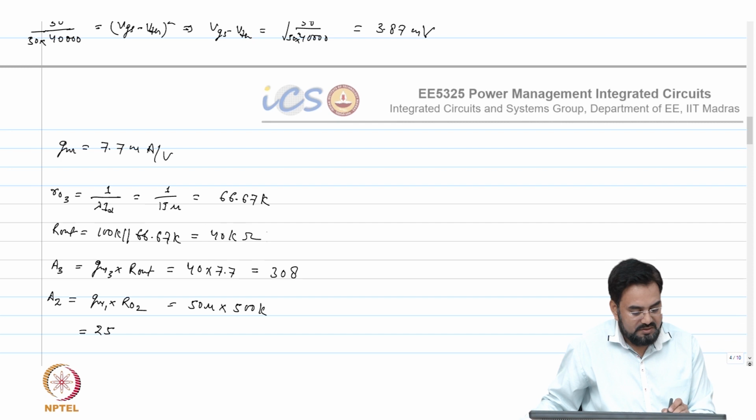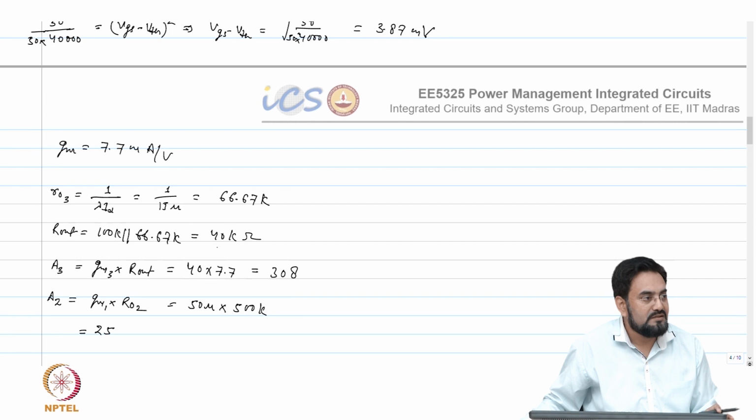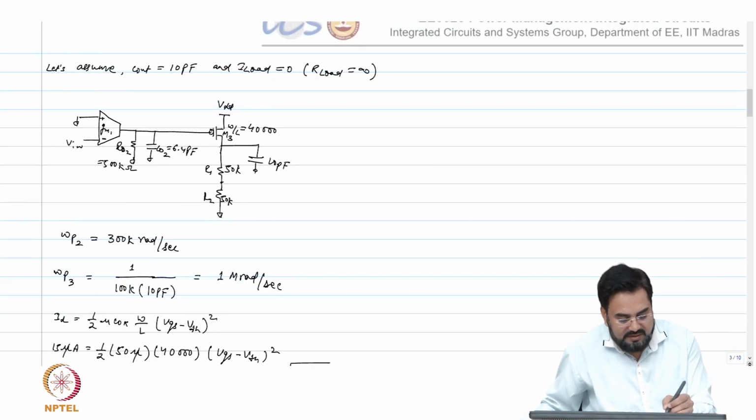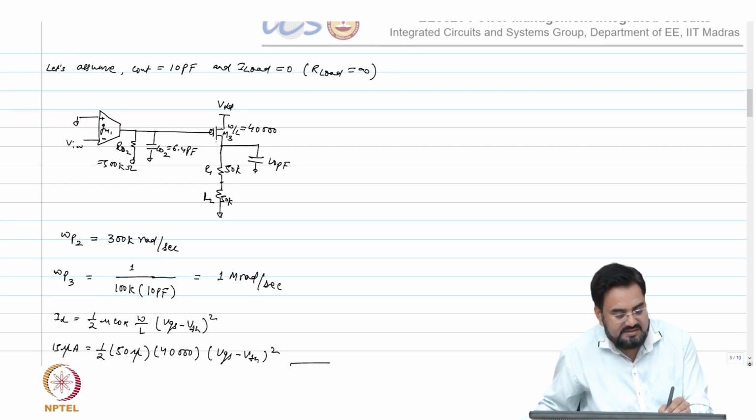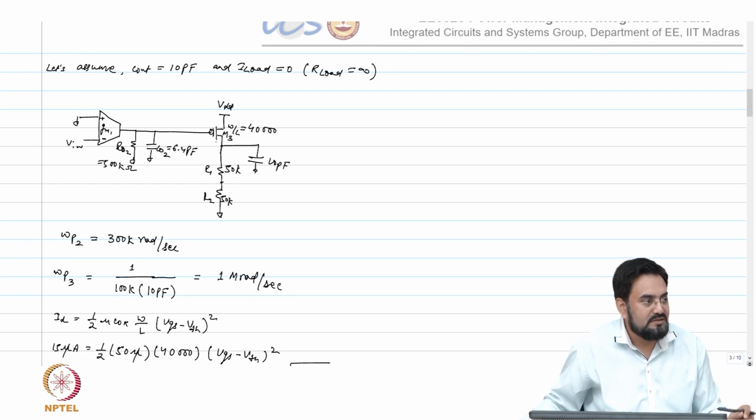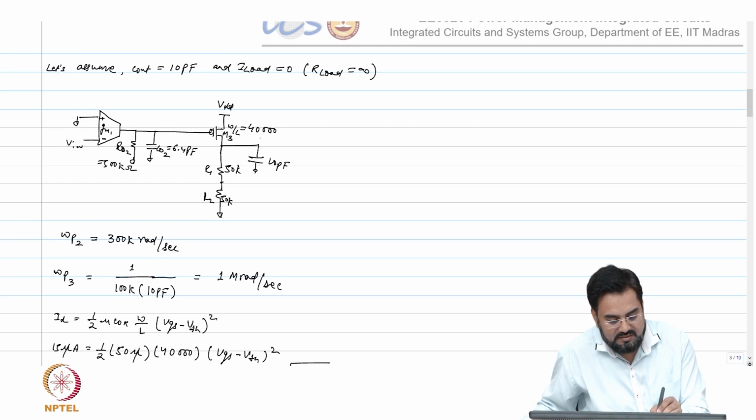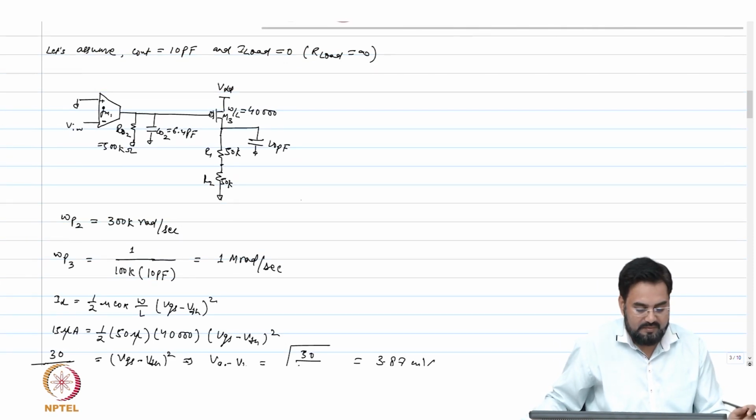Not here, sir. Your output. It's omega, while calculating the frequency. Are you talking about the gain or frequency? Frequency. Omega P3. In omega P3, you have to look at the effective resistance at this node, which is your V out. When you take the capacitor as source, that resistance RDS will be parallel to 100K.